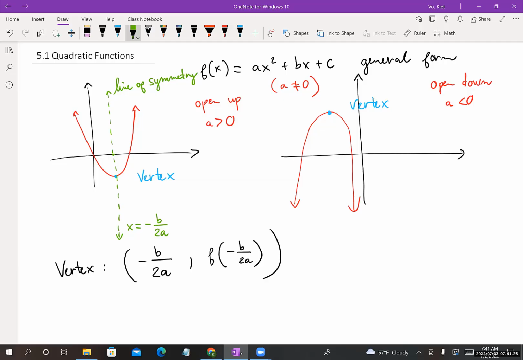Okay, so one way that we can figure out this negative b over 2a is the fact that the x coordinate here at the line of symmetry is equal to halfway between the solutions to the quadratic equation ax squared plus bx plus c equals 0.